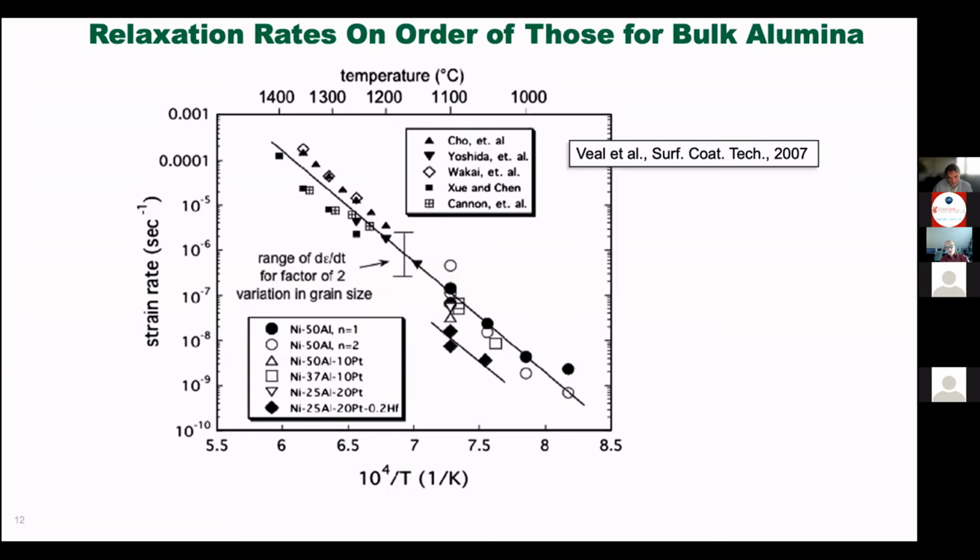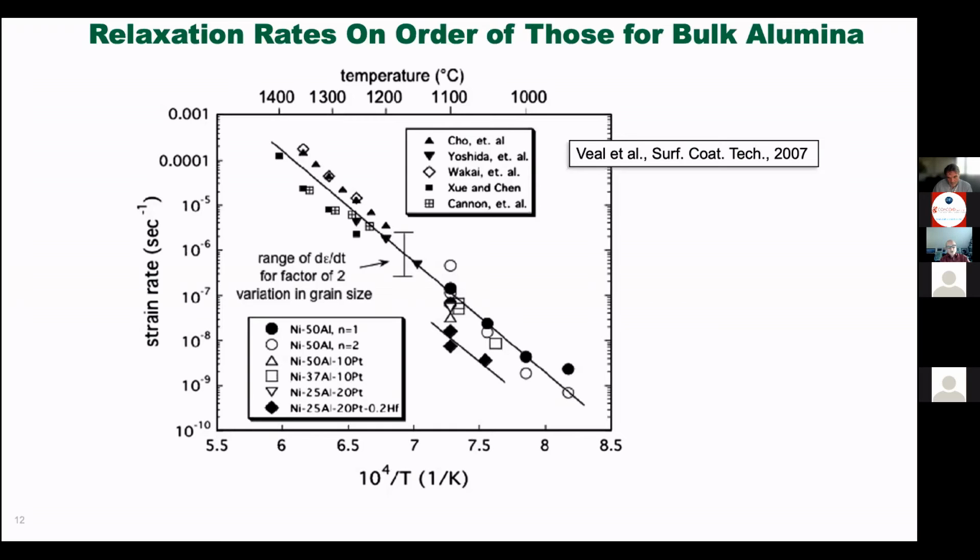And then in the lower right-hand corner is the results of Veal et al. for nickel aluminide. And you can see in many cases, their relaxation rates line up very well when you account for the temperature difference between the measurements.